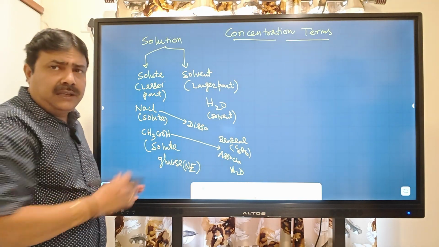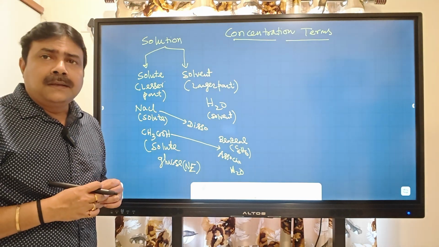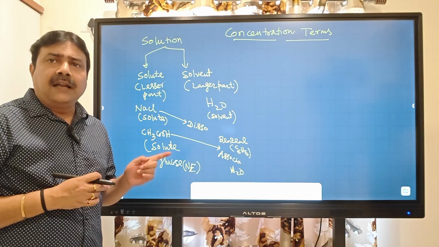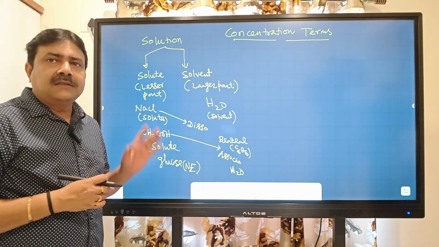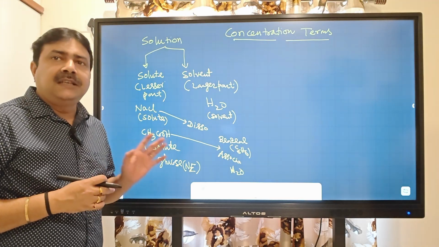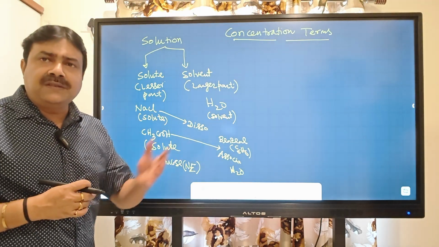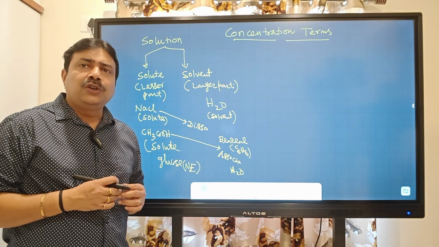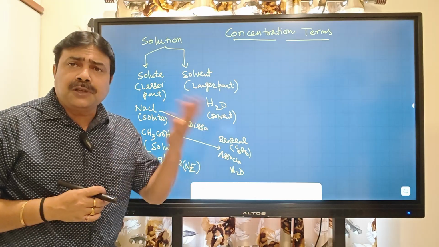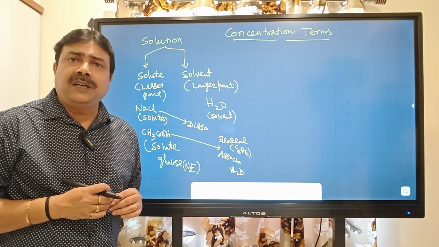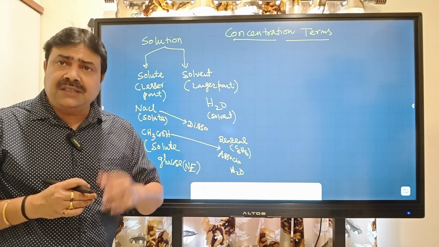So here mainly we are discussing the solid solute and the liquid solvent. But the solute has different tendencies in the solvent. One type of solute can undergo dissociation. Another type of solute, in a particular solvent, can undergo association.